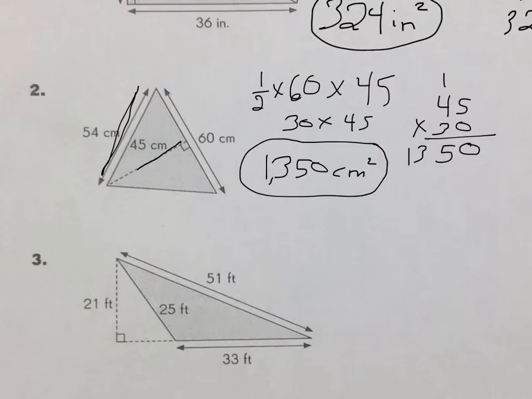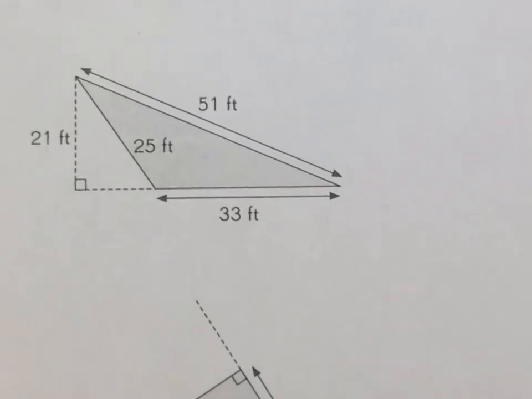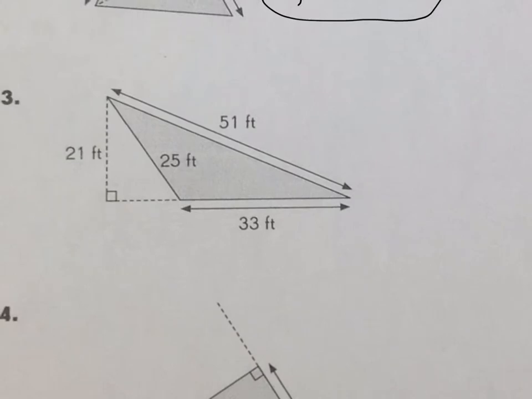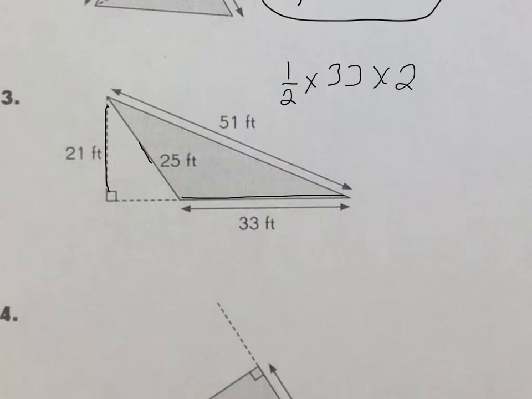All right. Now, let's go to number 3. Hopefully you're getting these pretty good. Once you know the formula, and you know which one's the base and the height, then you should be good to go. 1/2 times, my base is right here, 33, and my height, nope, not that. The height is this one, times 21.